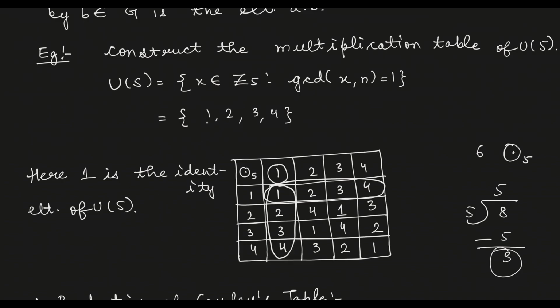If this is the 1, then 1 into which element should be 1? 1 into 1 only. 2 into 1 will be 2. 3 into 1 will be 3. 4 into 1 will be 4.